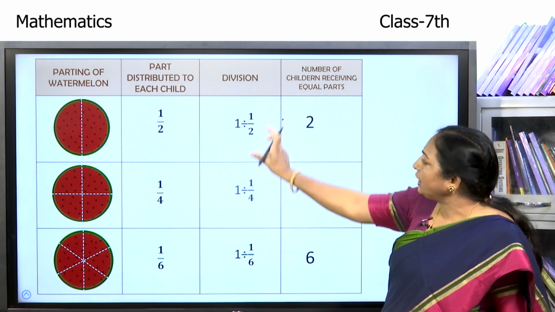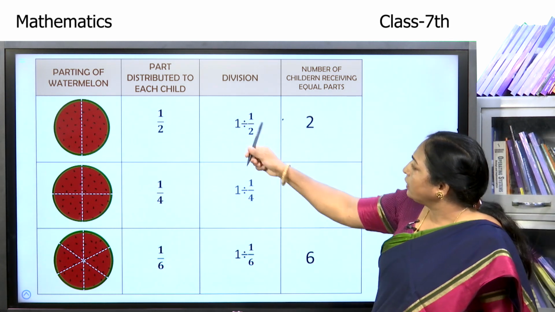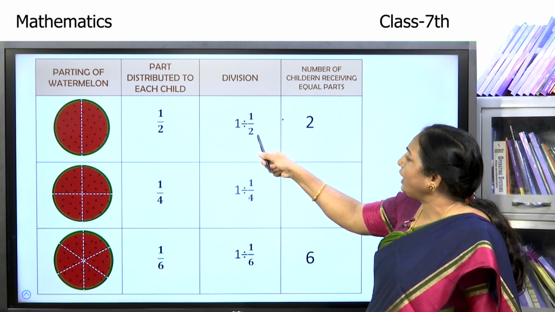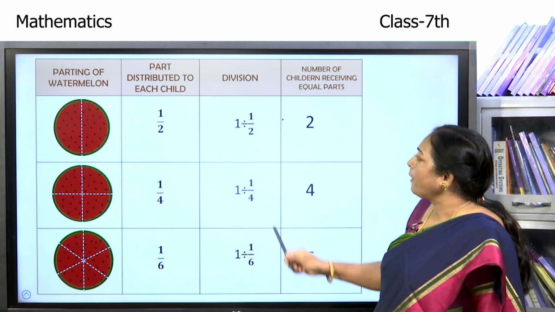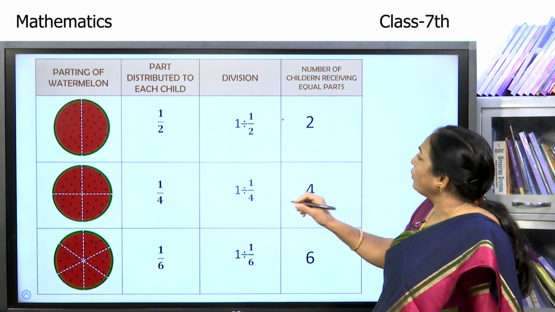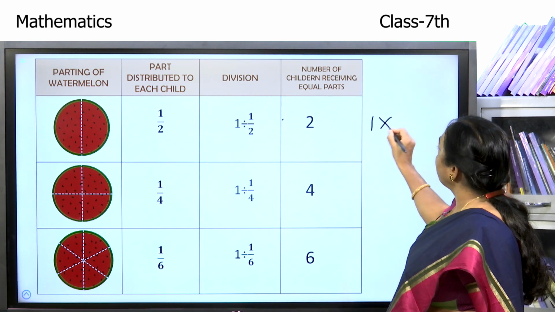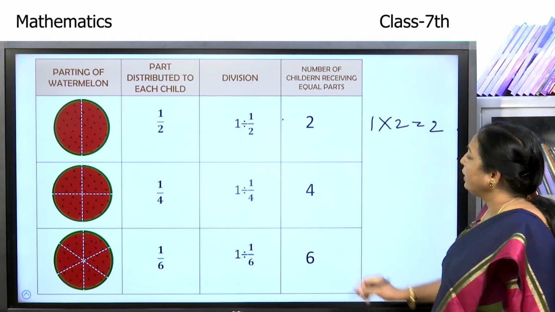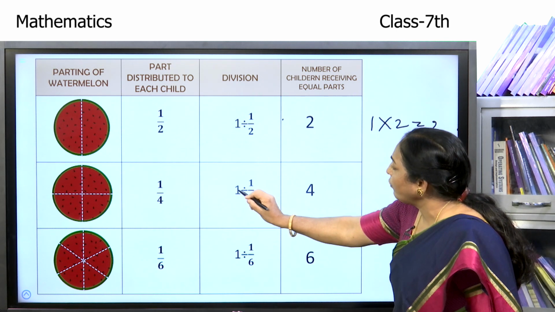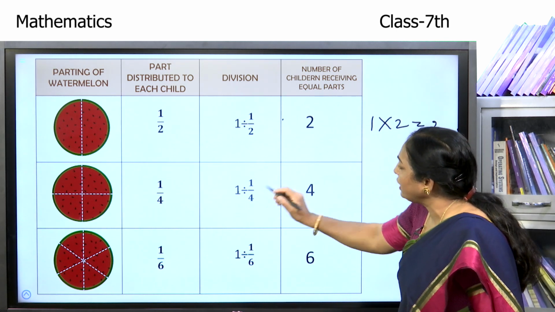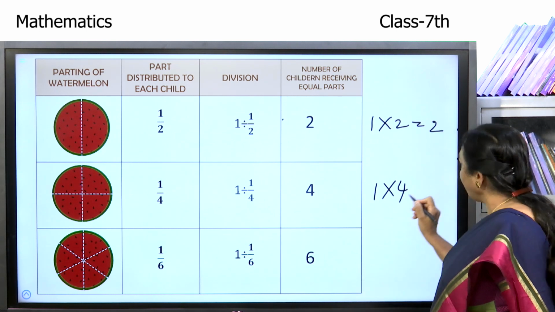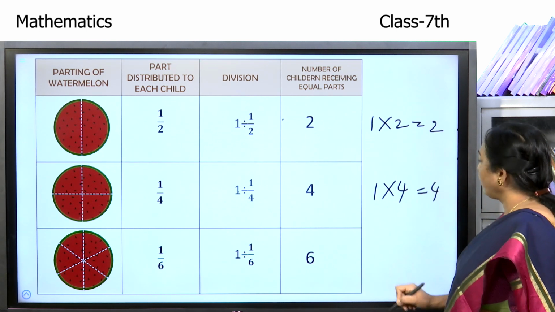By observing the division, there is a relation between the whole thing and the denominator of the fraction. By multiplying 1 and 2, we get 2 as the answer. Here also, by multiplying 1 and the denominator of this fraction, we get 4.